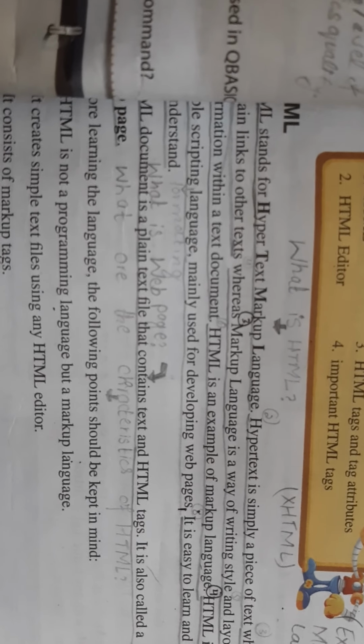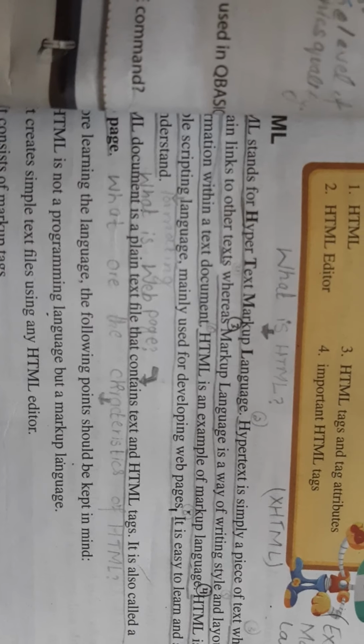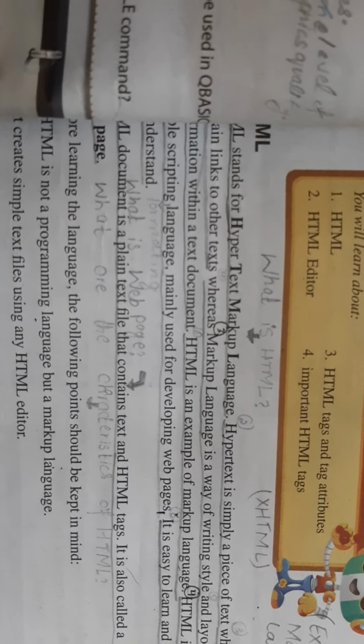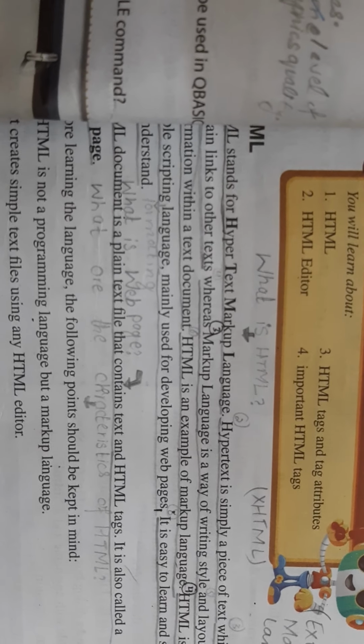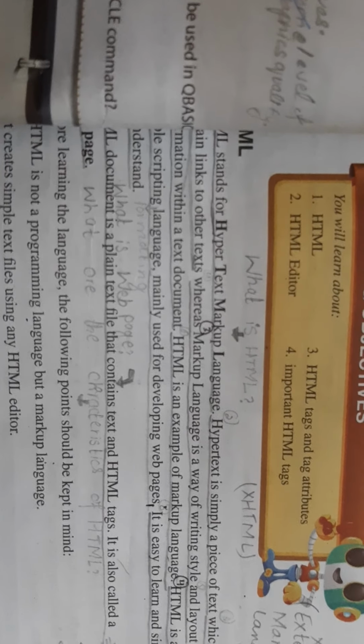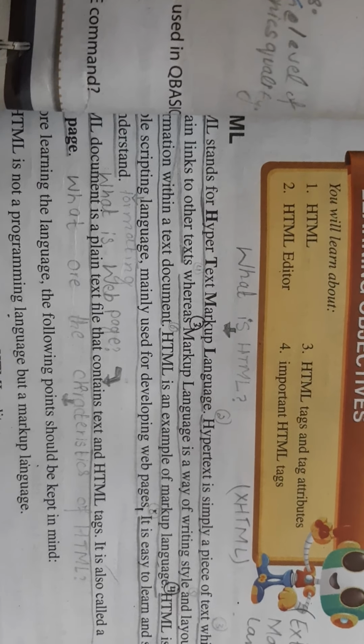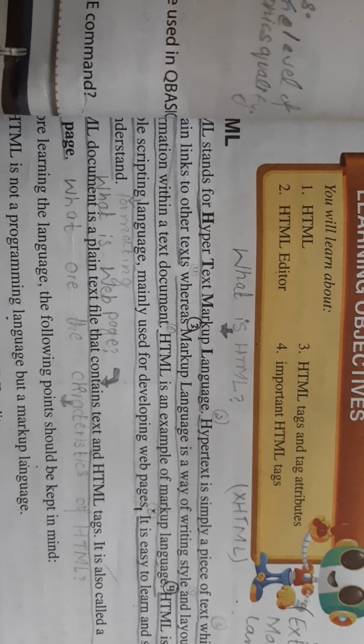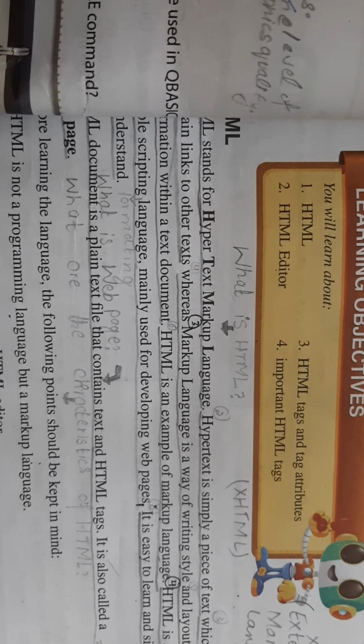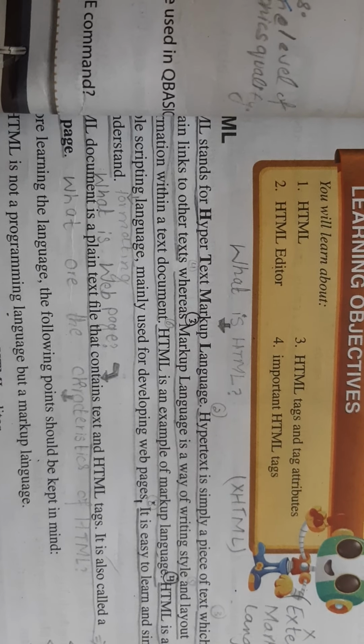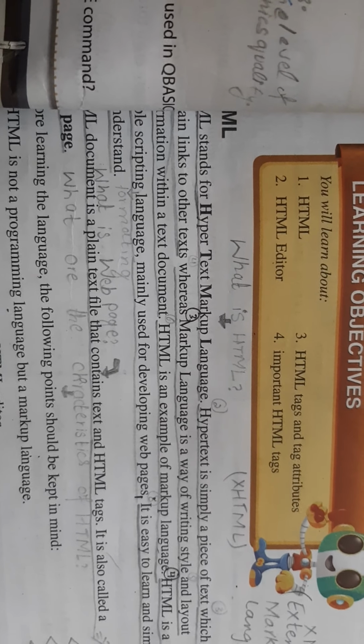So students, now it is clear for you that HTML stands for Hypertext Markup Language. It allows the user to create and structure paragraphs, headings, links for web pages and applications.